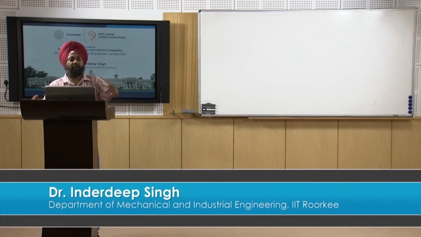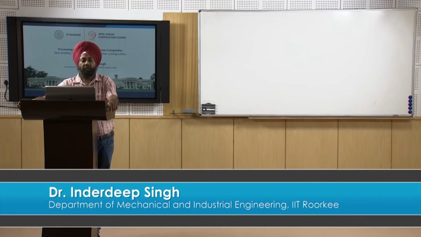If it is a flat part, we can use compression molding. If it is an axisymmetric part, a long cylindrical shape, we can use the filament winding process. If it is still longer and continuous, of very large length, we can go for pultrusion.